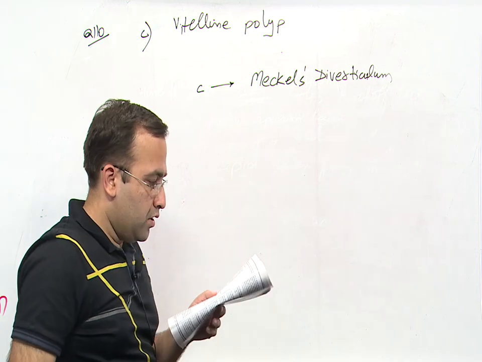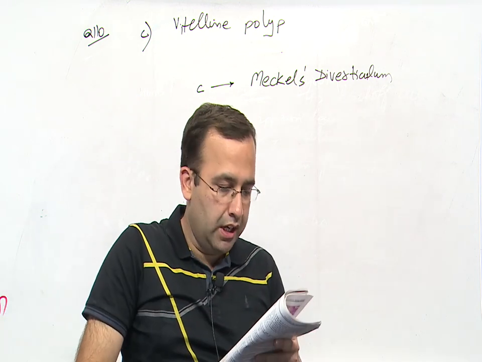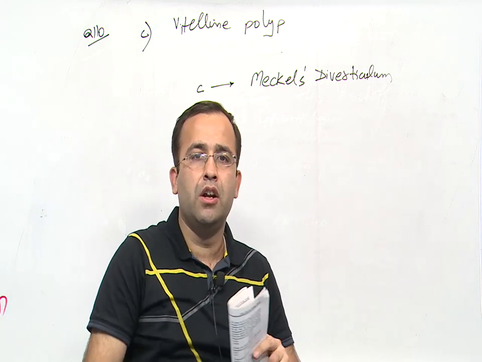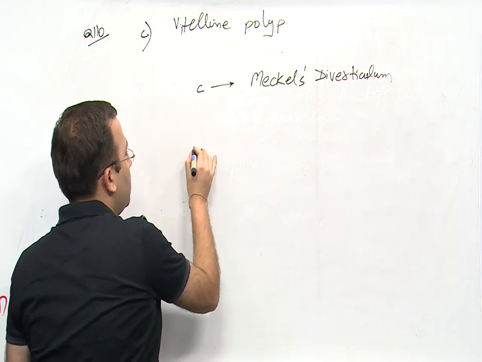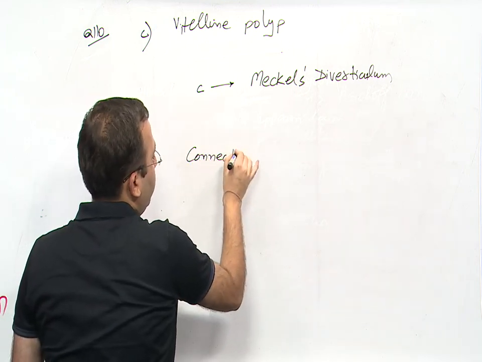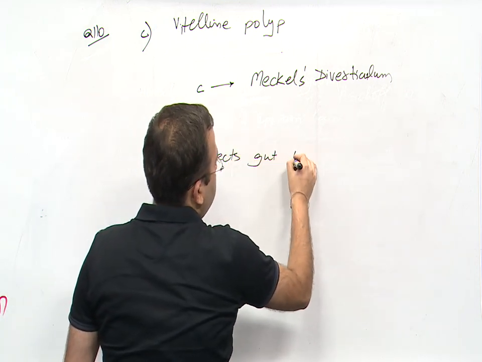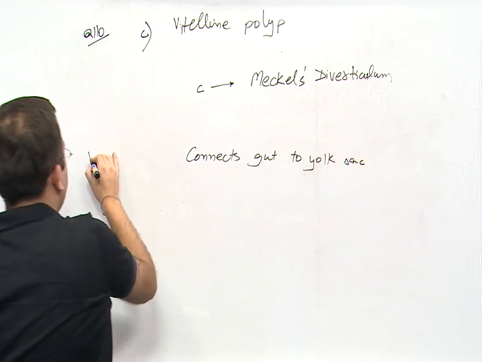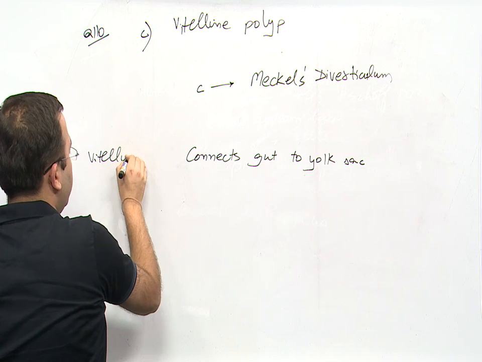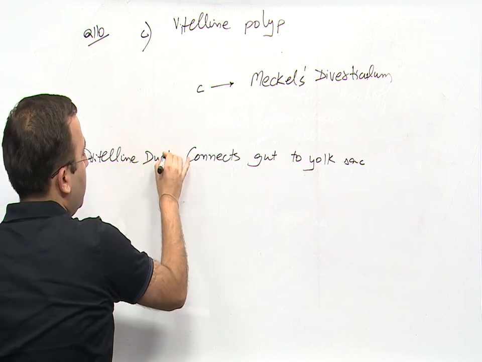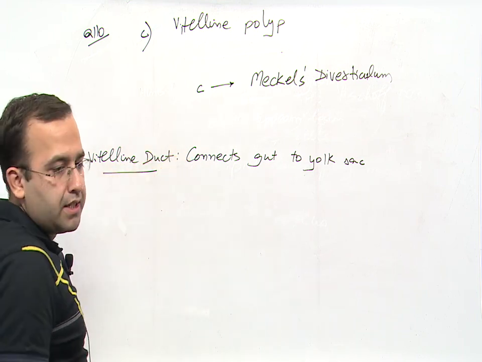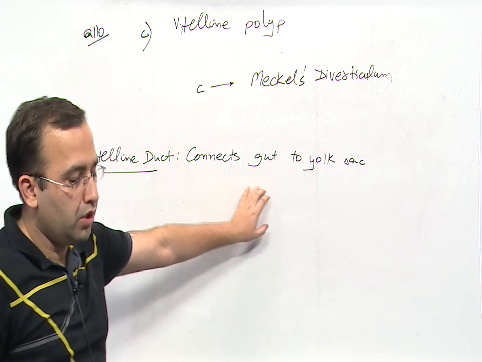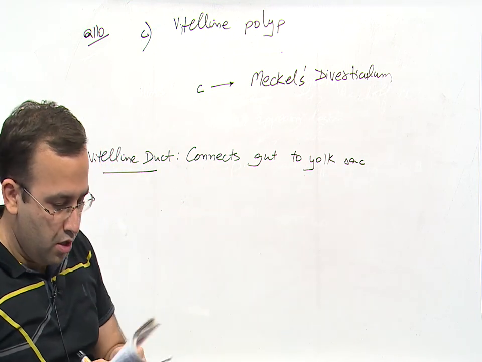Let us have a look at the others. The first is a vitelline duct cyst. You know the vitelline duct connects the gut to the yolk sac.